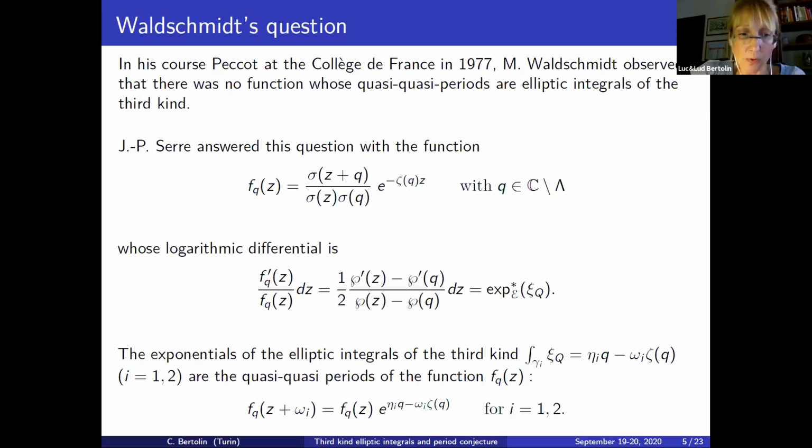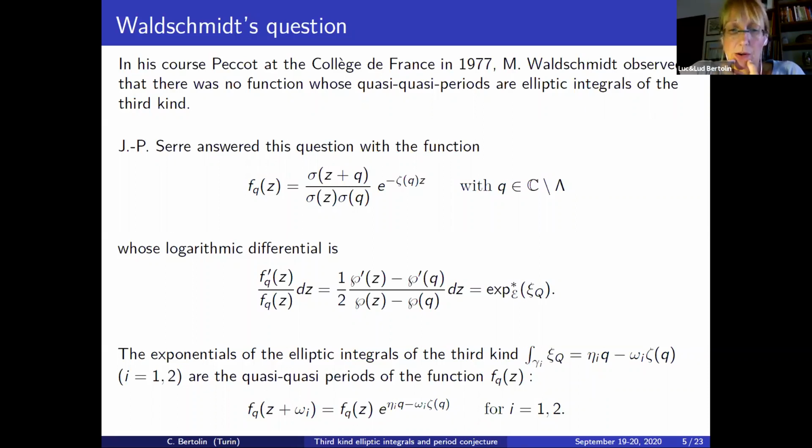And moreover, for the exponential of the elliptic integral of the third kind, first we do the integral of CQ along gamma i, which is equal to eta i q minus omega i zeta q. And then I have to take the exponential of this integral. So this number is the quasi-period of the function f_q(z).